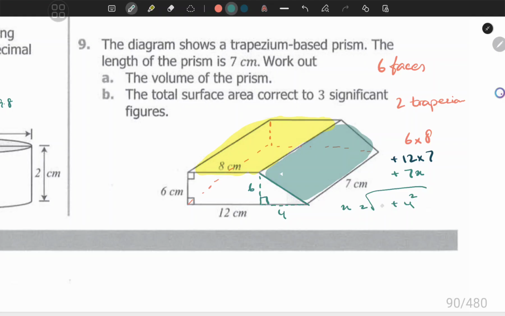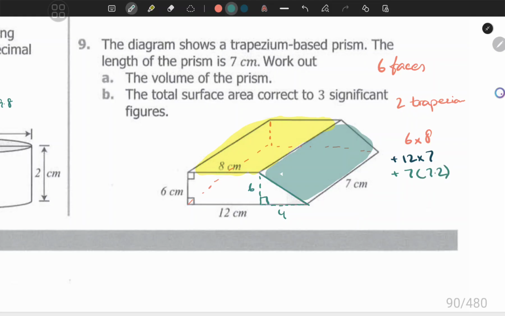Now 36 and 16 gives us the value of under root 52. Under root 52 gives us 7.2. So we have 7 bracket 7.2, right?